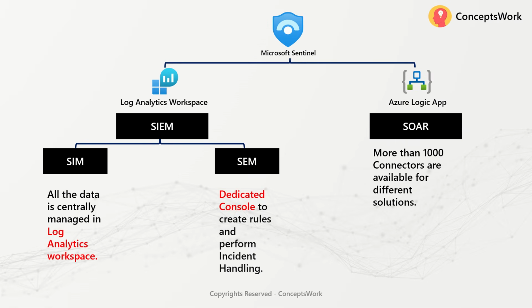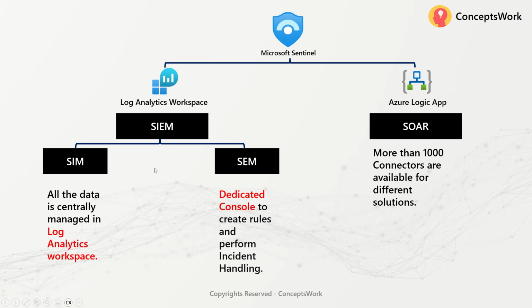Okay. Now, the fundamentals again related to these two components: SIEM, as we know, has two different capabilities, security information management and security event management. The Azure portal itself gives you the capability to configure anything related to Log Analytics Workspace.